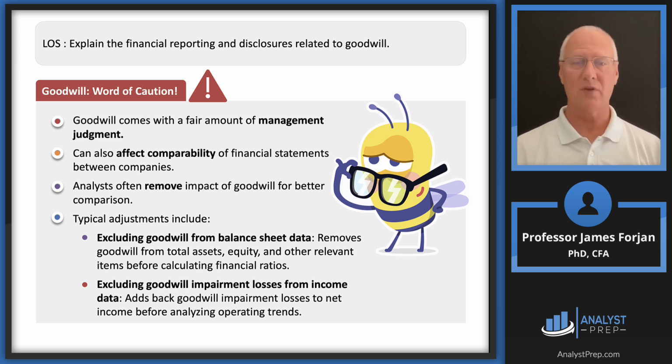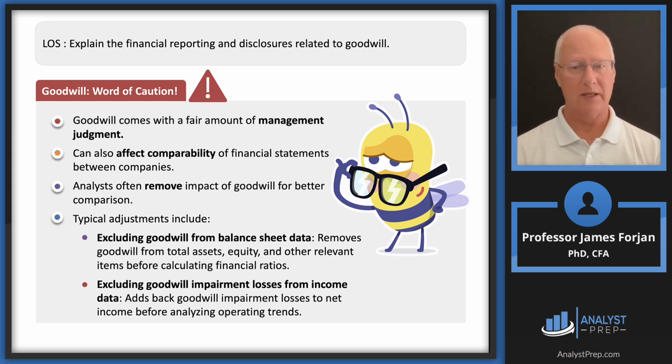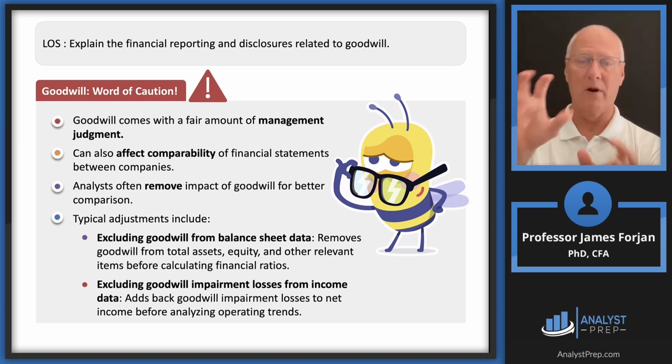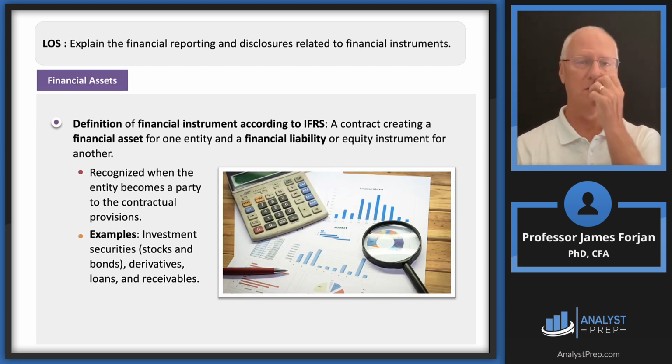Analyzing balance sheets. So what we're going to do is we're probably going to try to remove the impact of goodwill. I don't imagine the Institute would ask you to actually calculate this, but look at some of the typical adjustments. So look for this: excluding goodwill from the balance sheet, and then excluding goodwill impairment losses from the income statement. So remember that goodwill can have impact on multiple financial statements.